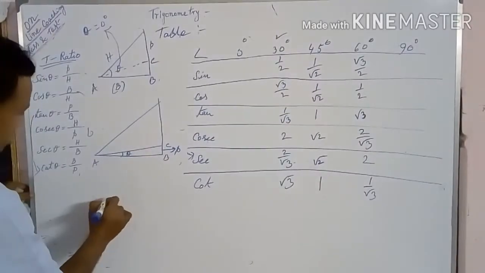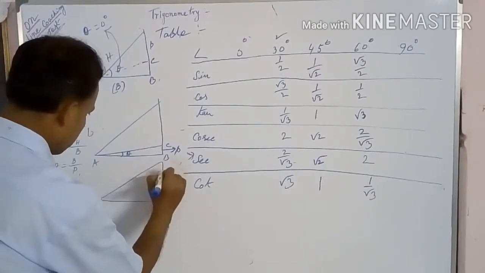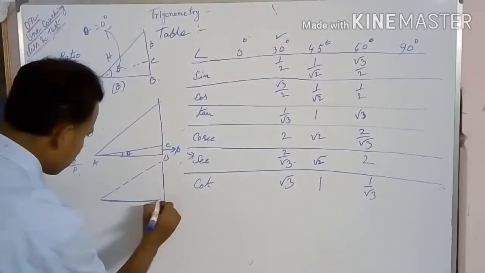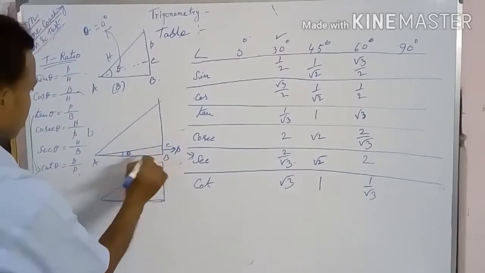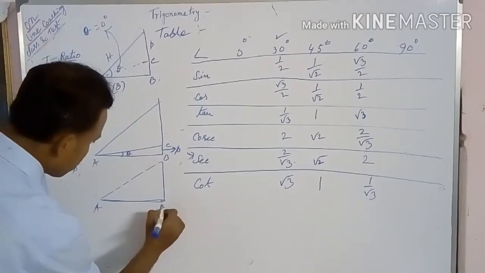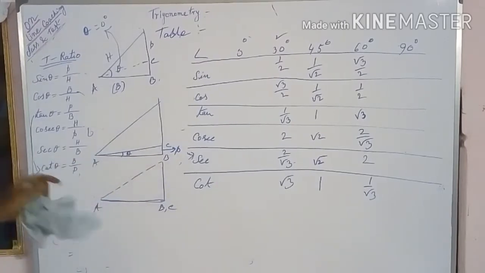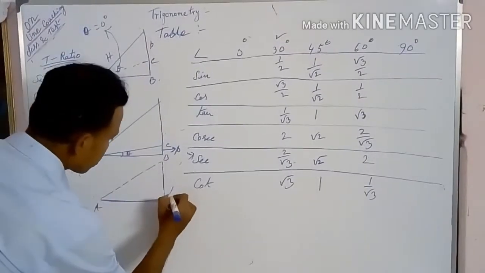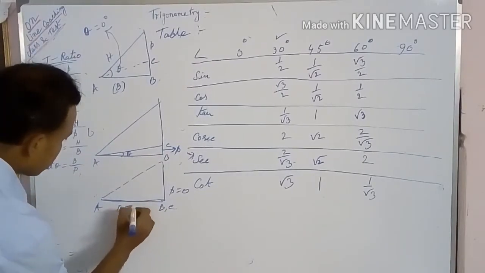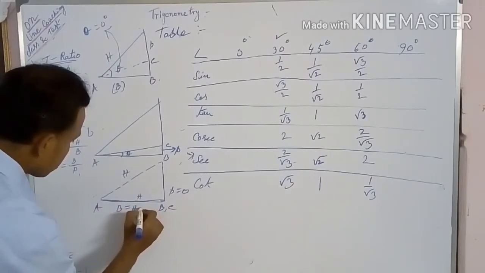Next, if AC coincides with BC, that is A, B, then AC and BC coincide with each other, so the perpendicular P will be 0, and the base is equal to the hypotenuse. This is the hypotenuse. This is also the hypotenuse. Base is equal to hypotenuse is equal to 1.